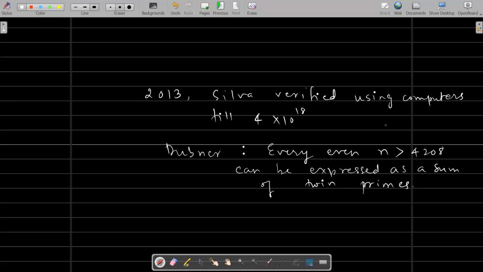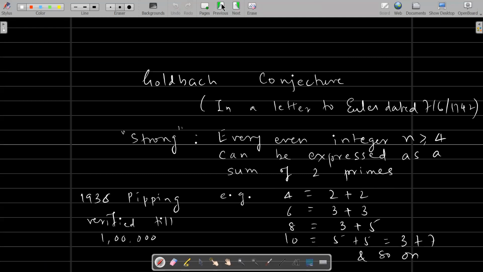So that was about the original or strong version of the Goldbach conjecture. Every even integer n greater than or equal to 4 can be expressed as the sum of two primes. And in general, let me tell you, additive number theory is difficult, because results related to multiplication, division, etc., that is, multiplicative number theory, are comparatively easier than additive number theory.